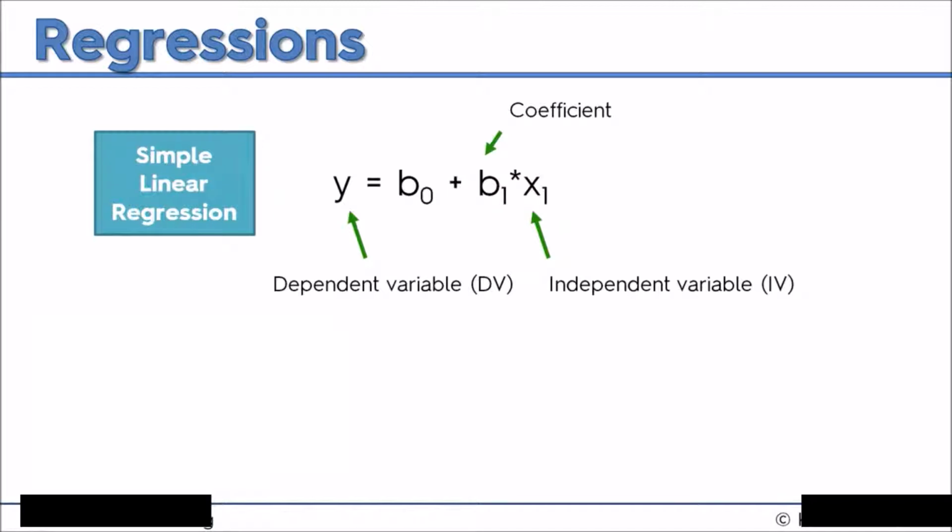You can't just say the change in x is always equal to the change in y. There might be this coefficient that translates the change. And b0 is a constant, so it's a constant term.